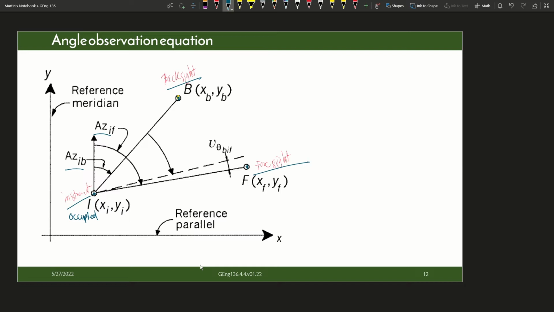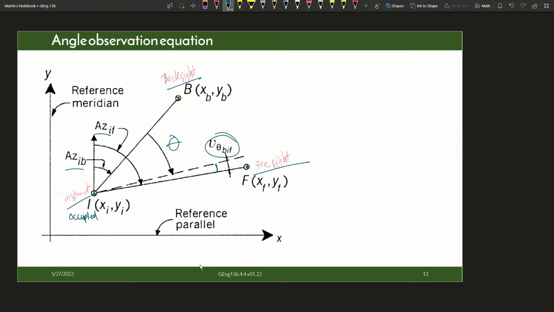And keep in mind this angle, or let's say theta, contains residuals also. We anticipate that there are some residuals in our observation, or residuals when we adjust, right?